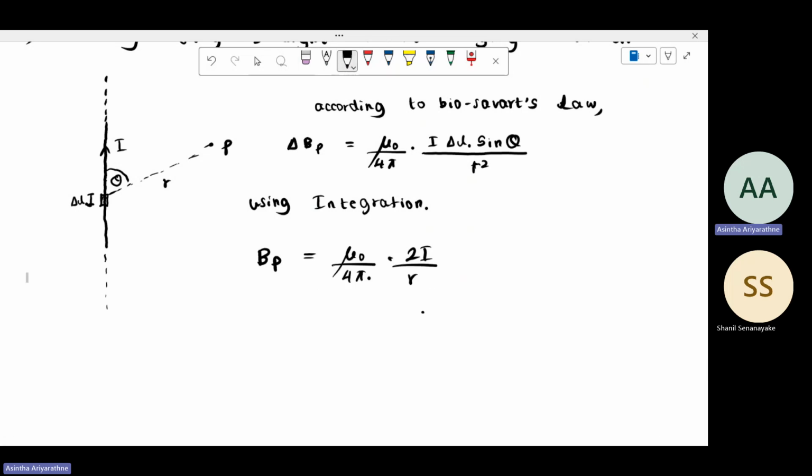The 2 gets cancelled out with the 4, then we have mu naught over 2 pi times I over r.